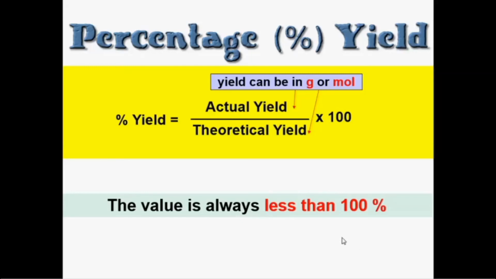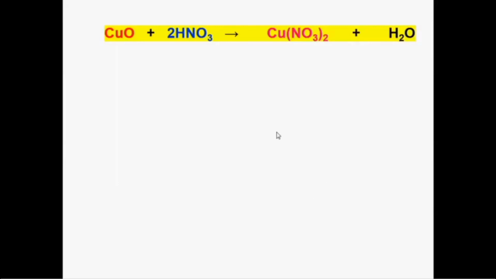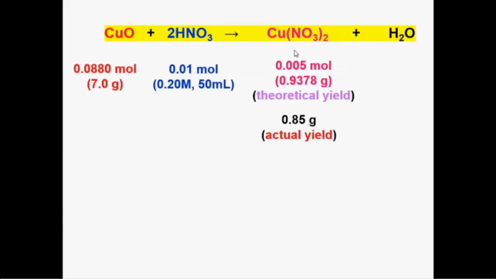Now let's look back at the question. Since we want to determine the percentage yield of this copper nitrate, remember the theoretical yield was 0.9378 grams.